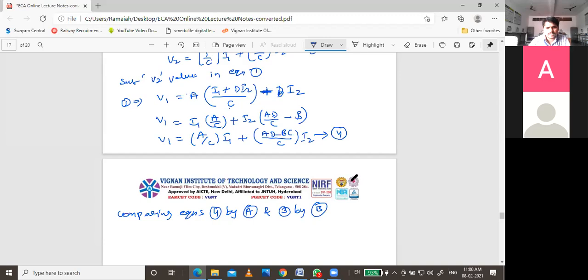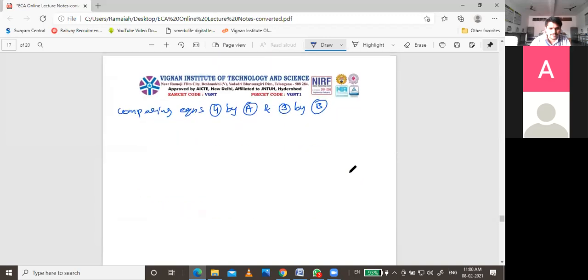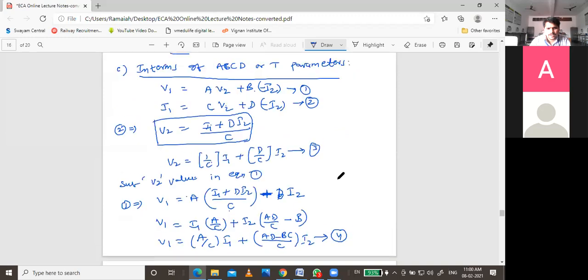So therefore, what are the Z parameters? Z parameters equal to Z11, Z12, Z21, Z22. So these must be equal to what? What is the first equation?